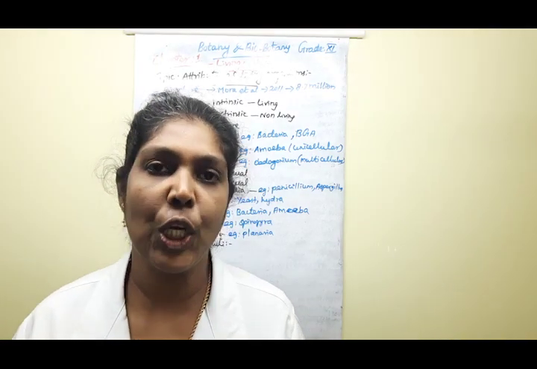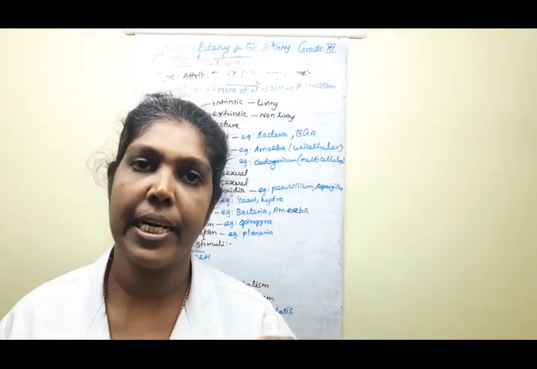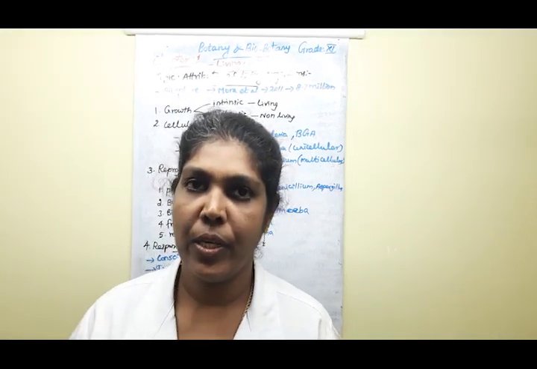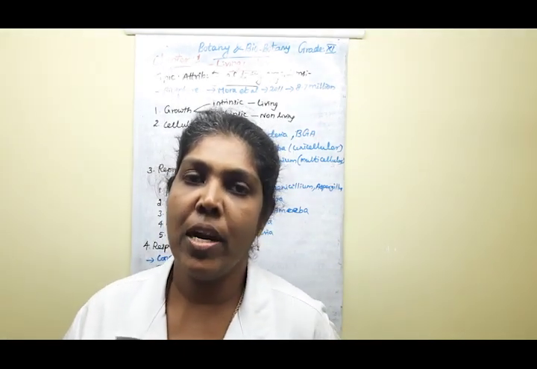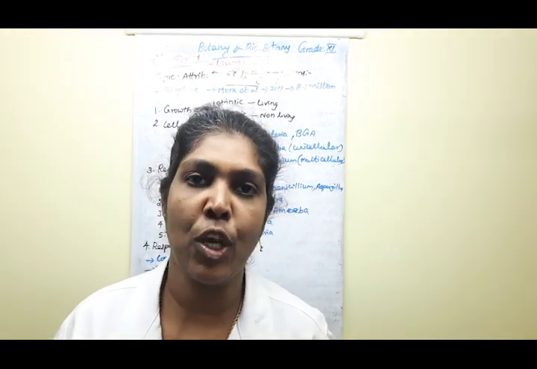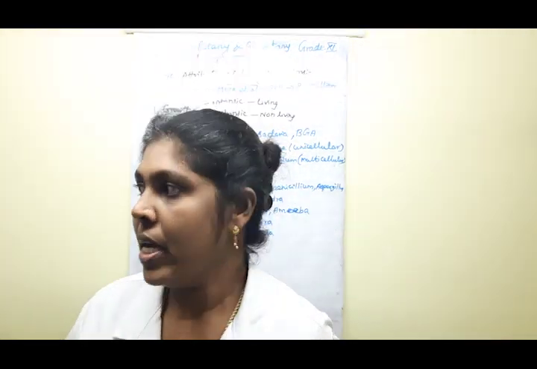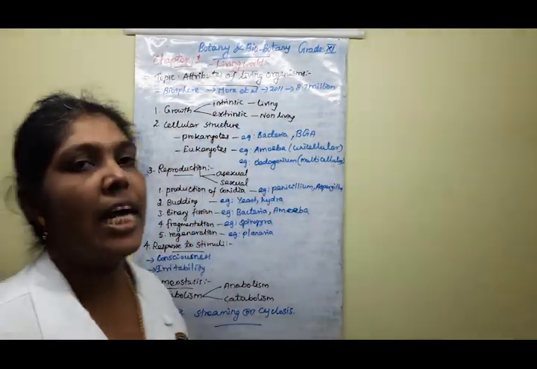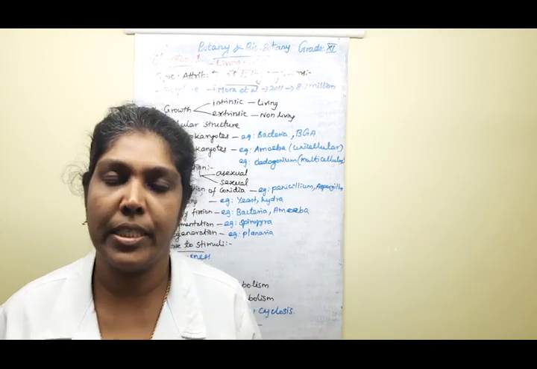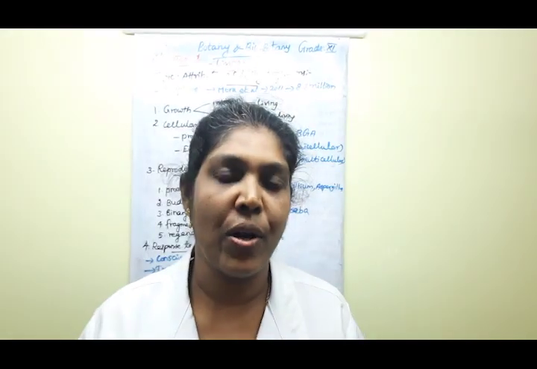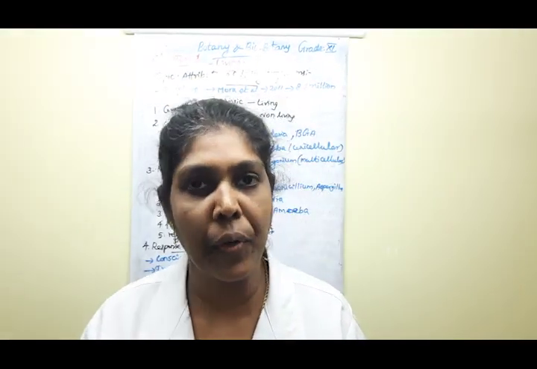All these things are considered attributes of living organisms. Okay. The next one, we are moving one by one through the attributes of living organisms. First, growth. Growth means, you know, each and every living organism has growth, isn't it?